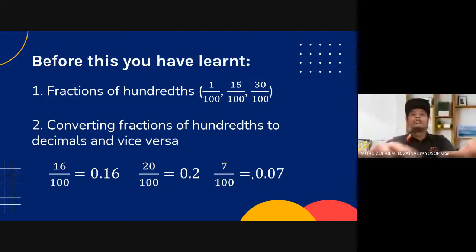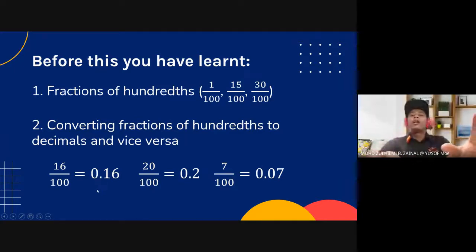Okay, senang. So converting, before this we learned converting fractions of hundredths to decimals and vice versa. Vice versa means terbalikkan, decimals to fractions of 100. For example, 16 hundredths is written as 0.16. It's read as zero point one six.